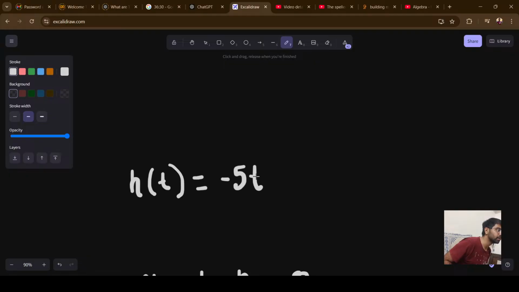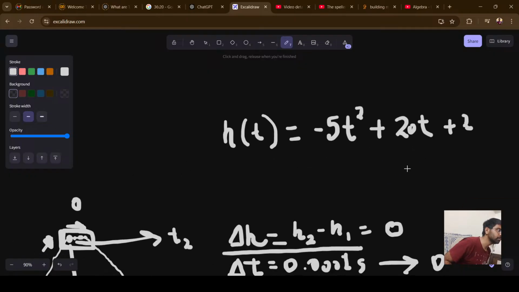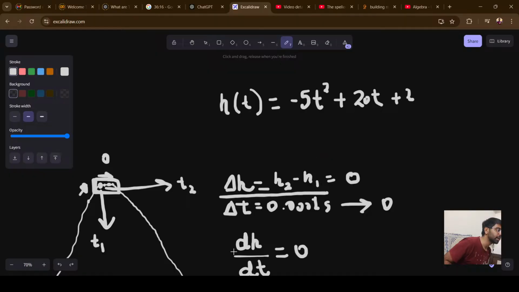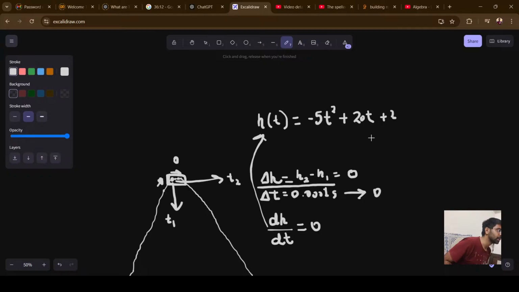Minus 5t square plus 20t plus 2. So if I'm taking the derivative of this side, then I'll have to take the derivative of this side also, right?